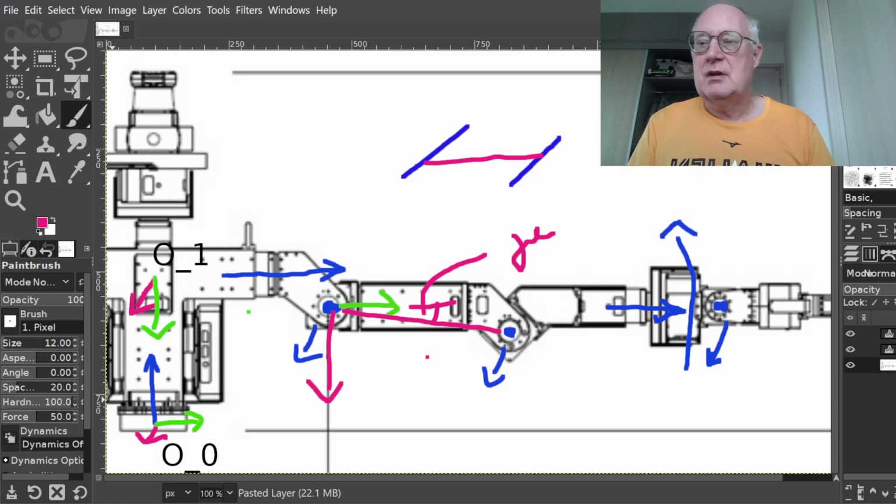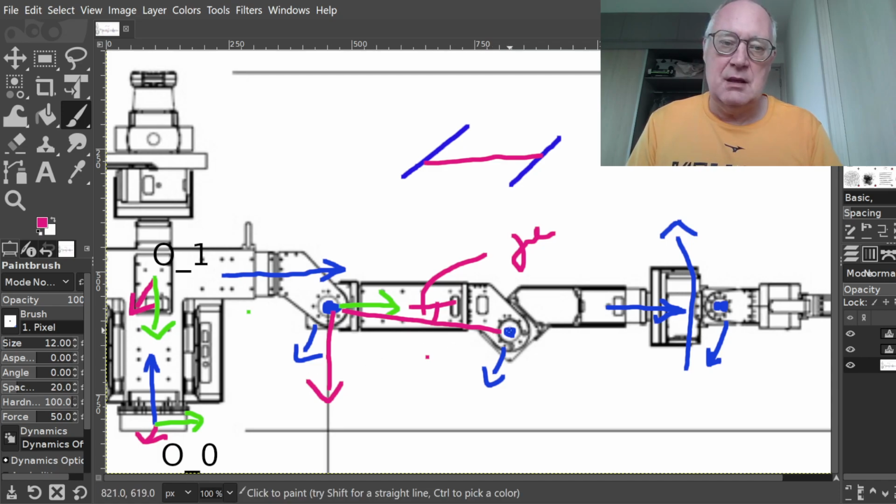So let's have a look and see what that actually is. If I take the coordinates, the origin of 3 is going to be at this pixel location here, which is 823, 619.